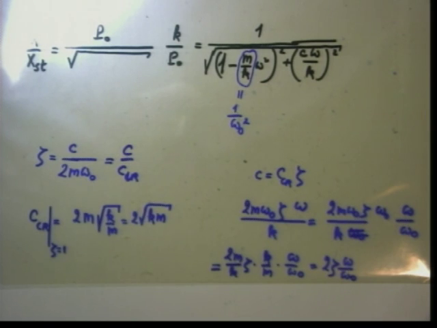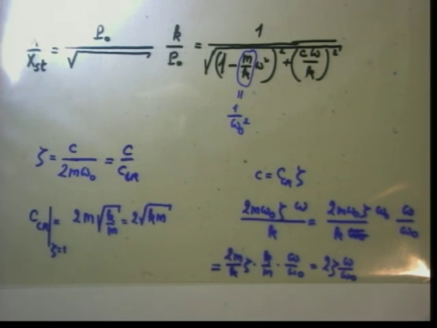Now we have C omega over k, which is 2m omega sub 0 zeta times omega divided by k. This equals 2m omega sub 0 zeta, and I multiply and divide by omega 0.